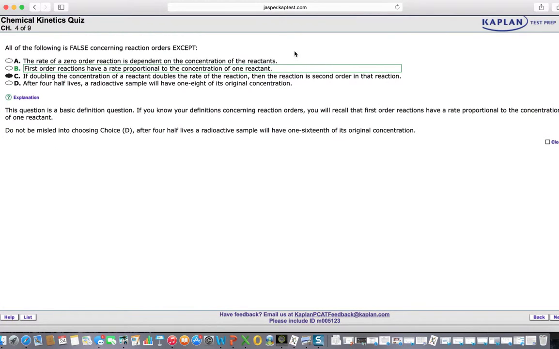Okay, so for question 4, all of the following is false concerning reaction orders except. So we're looking for the statement that's true. The rate order of a zero order reaction is dependent on the concentration of the reactants. That's false for the following reason.